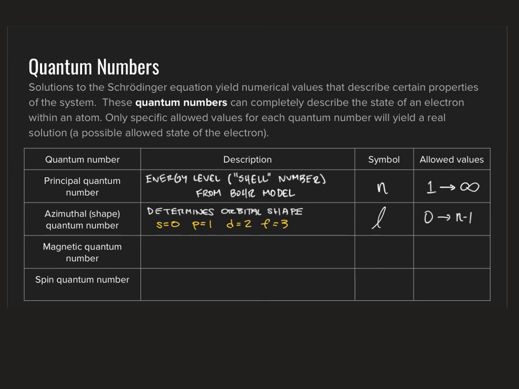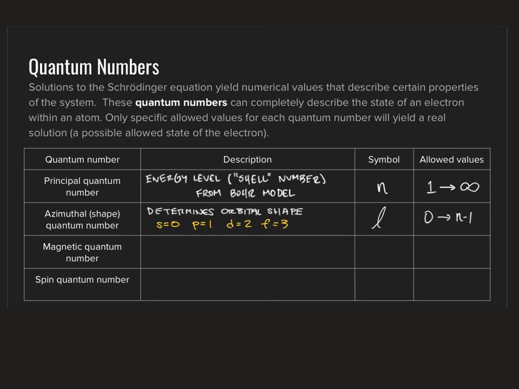So if you have a principal quantum number of 2, that is, you're in the second period on the periodic table, we would see both s and p orbitals, giving us azimuthal shape quantum numbers of either 0 or 1 in that energy level. So generalizing that, we see that essentially the allowed values for the shape quantum number, the azimuthal quantum number, stretch between 0 up to a highest number of n minus 1, where n is the principal quantum number.